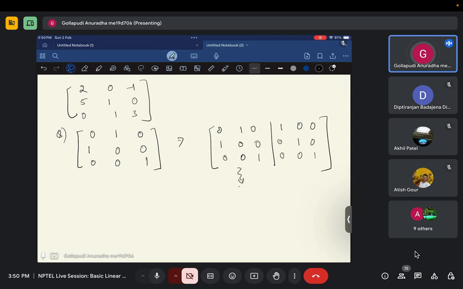So for making this the identity matrix, I need to interchange these two.